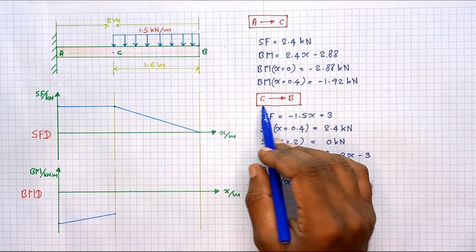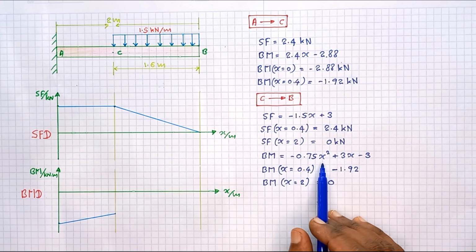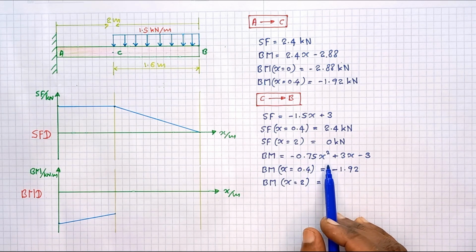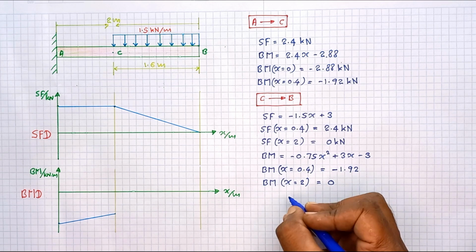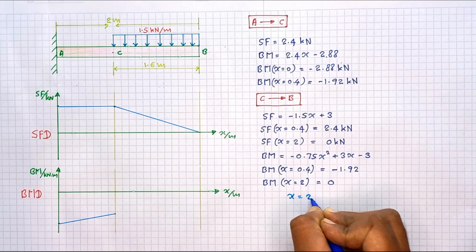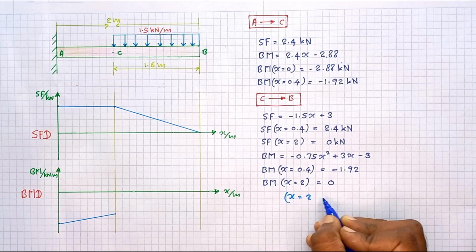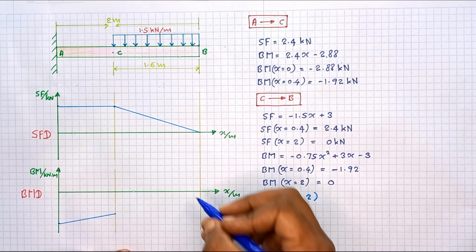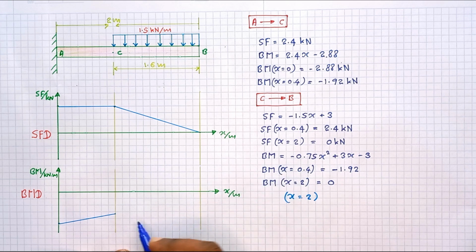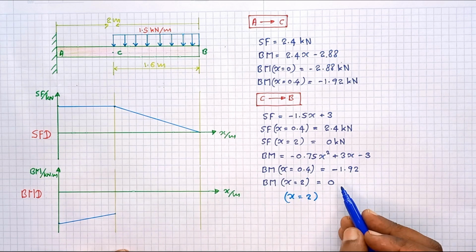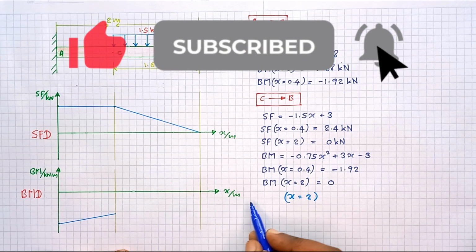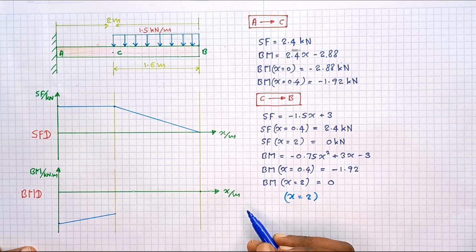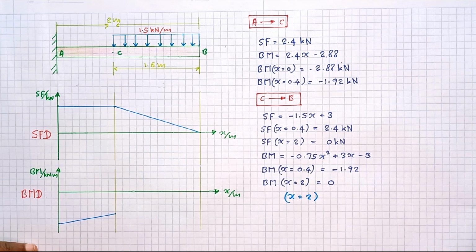Then if we take the C to B region, this is how the bending moment varies. Here you can see it is a parabola. Where is the symmetric axis? x = 2 is the symmetric axis, so at this axis the parabola has its maximum. That means at this point the parabola should be maximum, so the curve goes like this.